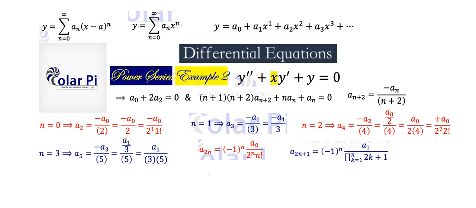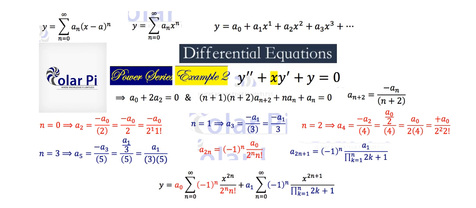Okay, cool. And so now finally we write our solution y as this here, and that's because we factored out a sub 0 from all the even ones, and we can write all the even ones in closed form like that, and we factored out a sub 1 from all the odd ones.